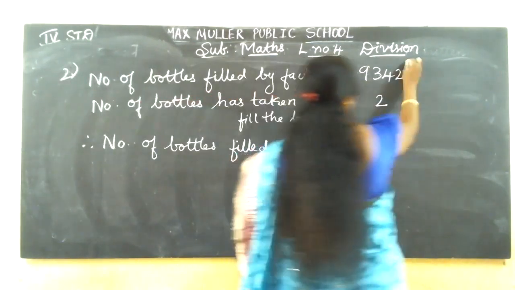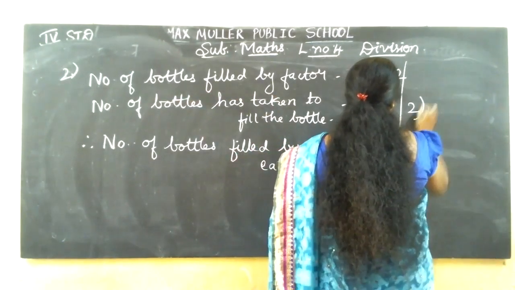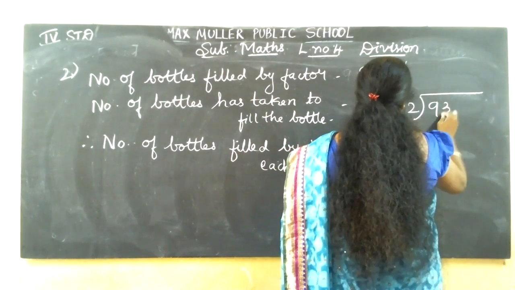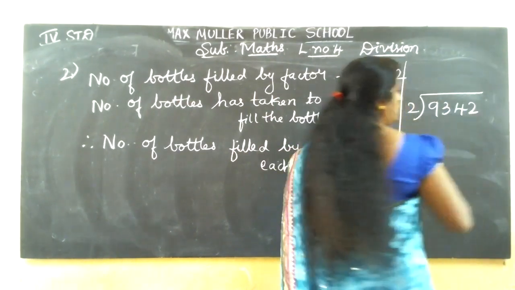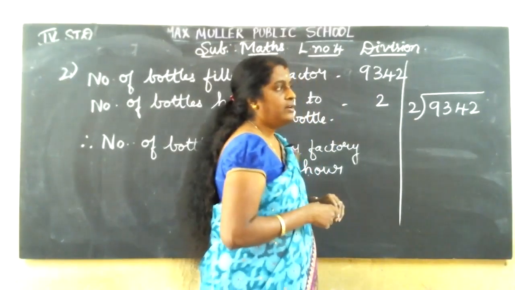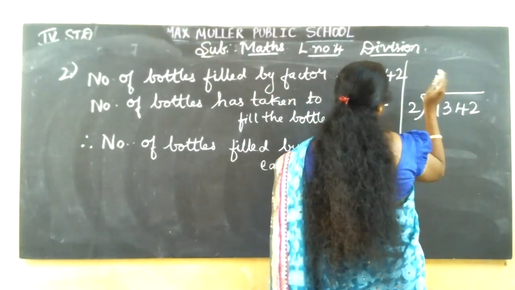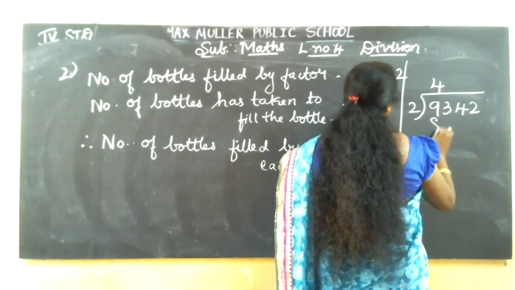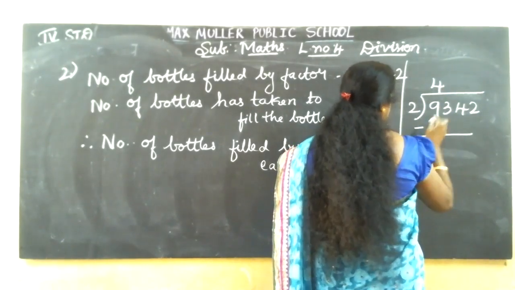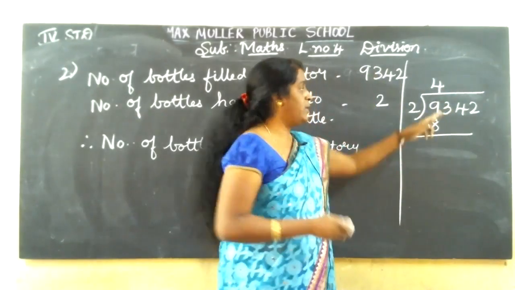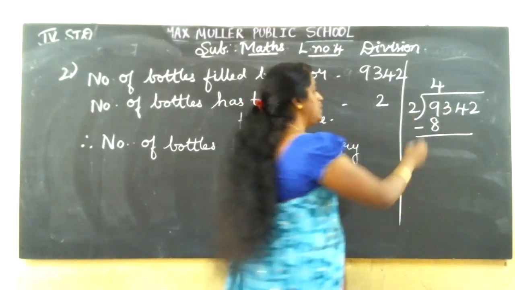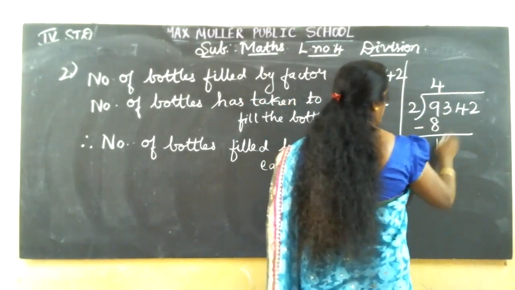So we'll divide. Okay, children. 2 divided into 9,342. As you know the tables: 2 ones are 2, 2 twos are 4, 2 threes are 6, 2 fours are 8. The nearest number: 2 fours are 8, since 2 fives are 10 and here it is 9. So 9 minus 8, 1.